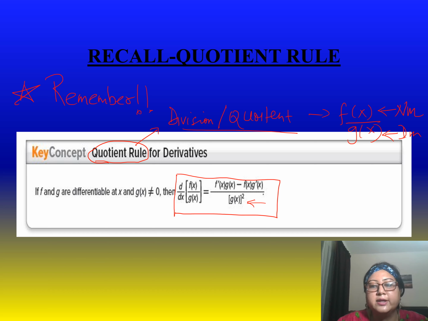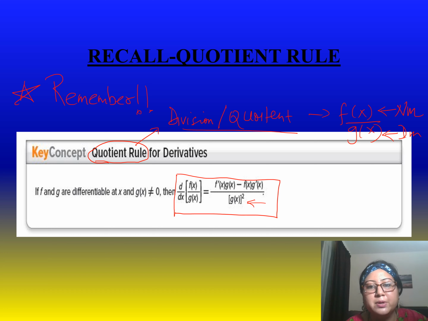So you are taking the derivative in the numerator but one by one. Okay, and remember, when it is the quotient rule, the numerator has a negative sign in between. So finally, the way to remember is d by dx of f(x) divided by g(x) is equal to the division of g(x) whole square in the denominator, f prime x, that is the first derivative of the numerator, multiplied with g(x), that is as it is, subtracted with f(x), the first function as it is, and the derivative of g(x), that is g prime x.